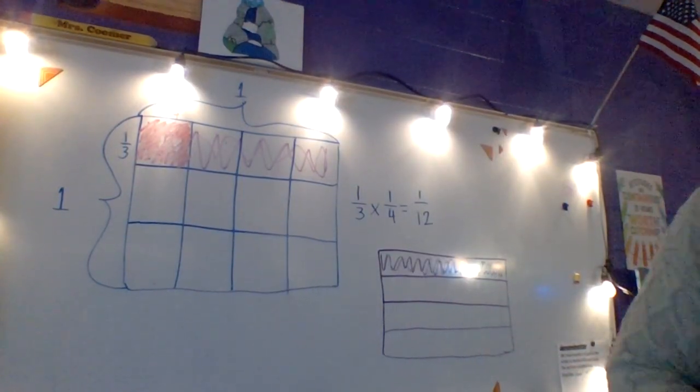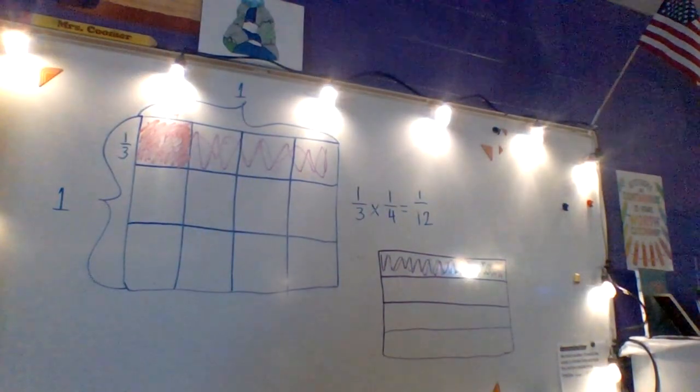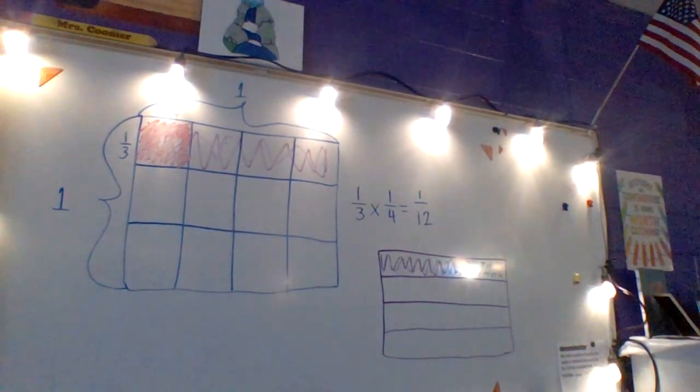Okay, so I'm going to cut this whole block into thirds. So I'm going to have 2 lines. And right now they're not straight, but that's okay. All right, so I'm cutting it into thirds. 1, 2, 3.